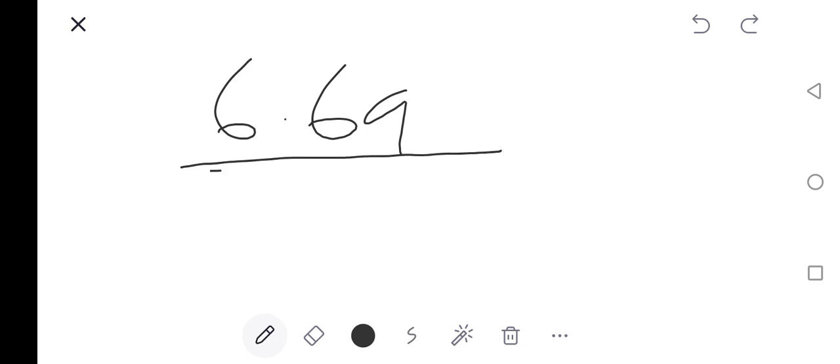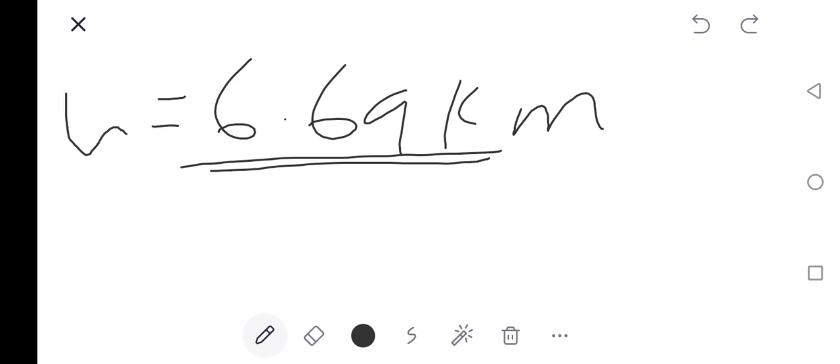What do you get? 6.69444, so 6.69. This is the answer, that's your shortest distance. You don't put squares. Square is for area only.